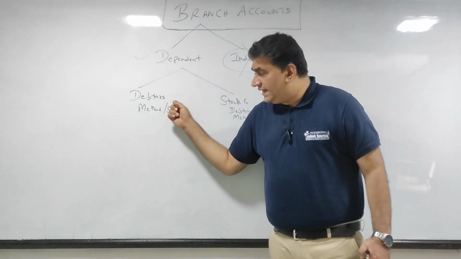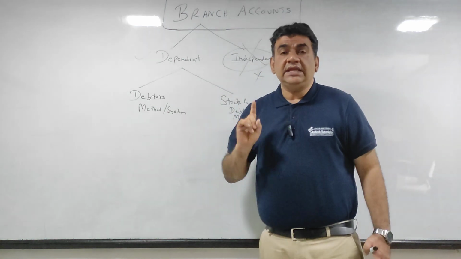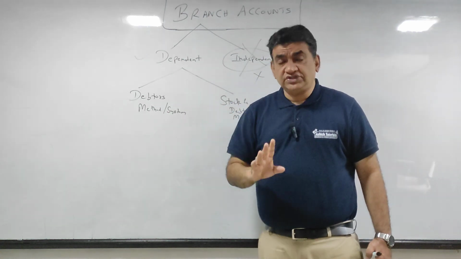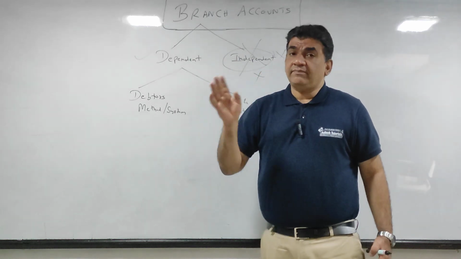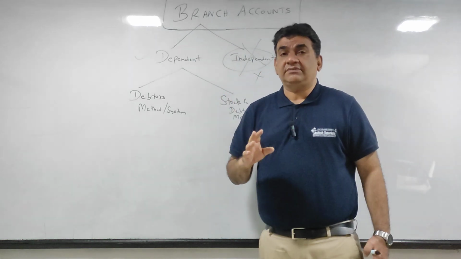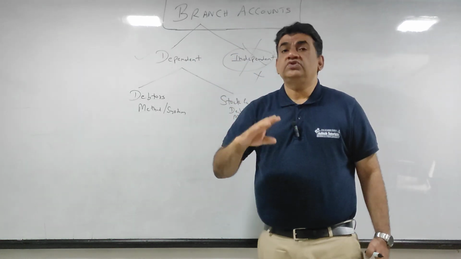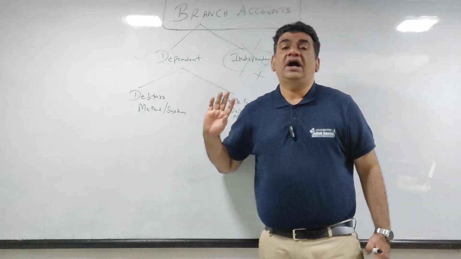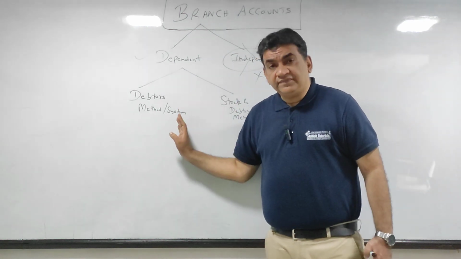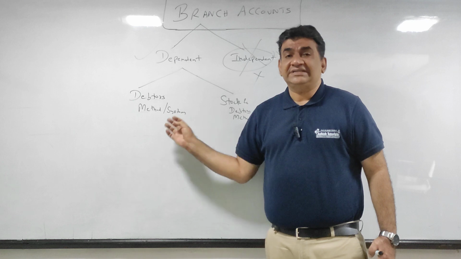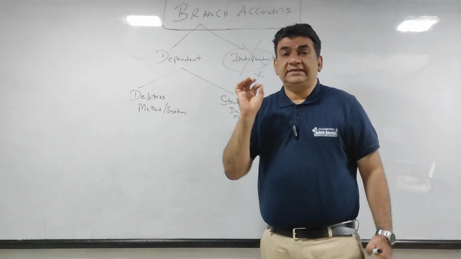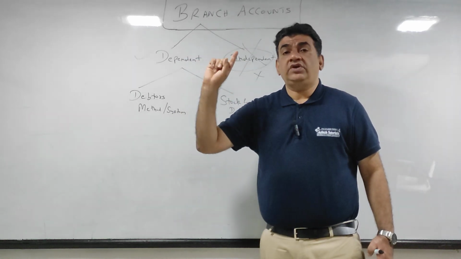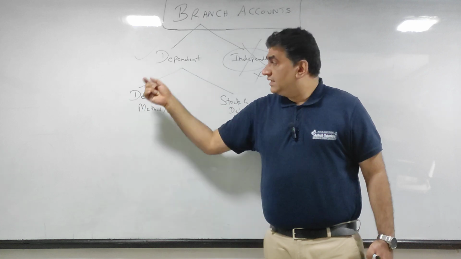So in debtors there will be only one main account, that is the branch account, and depending upon the question there will be sums where in working notes you have to make extra accounts. So each branch is treated as debtor from the point of view of head office.